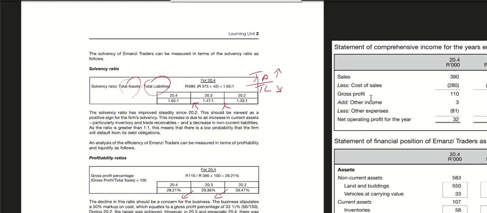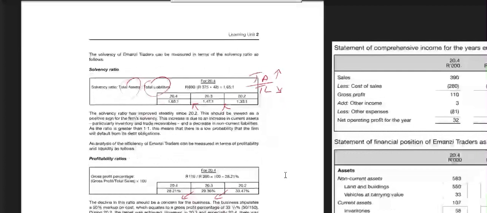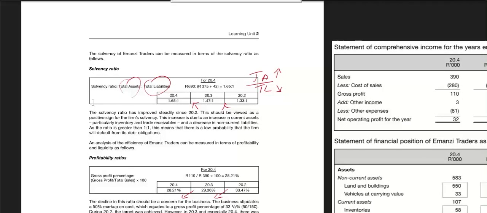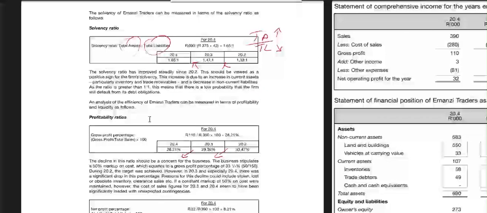And the solution is next to it, like I said. But here are some of the solutions that have been provided. For example, for the solvency ratio, they provide you for 3 years, 2022, 2023, and 2024, the total assets divided by the total liabilities.